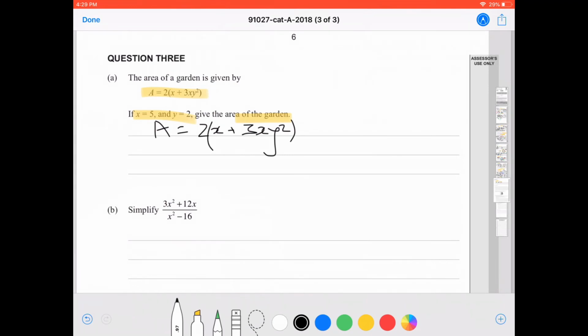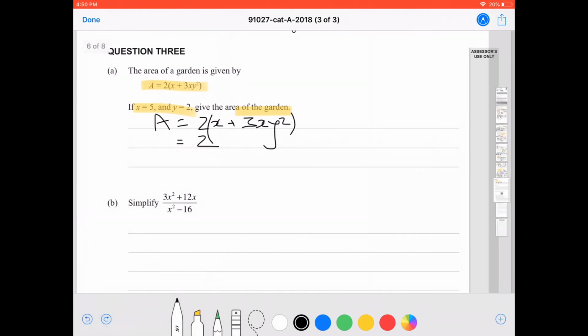So let's say 2 times 5 plus 3, and x is 5 again, it's in brackets, y is 2 squared. Okay, so we've got 2 times 5 plus 3 times 5 is 15 times 4, because 2 squared is 4. 15 times 4 is 60.